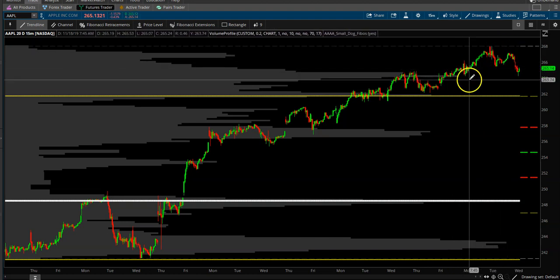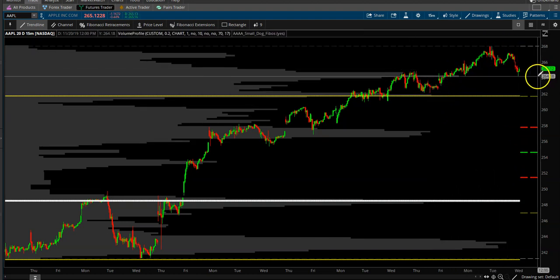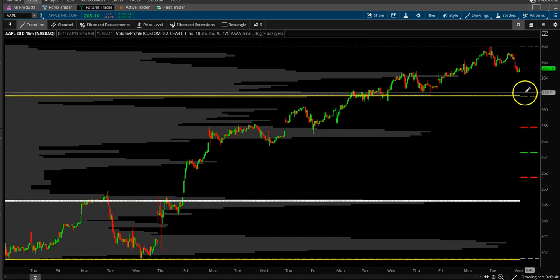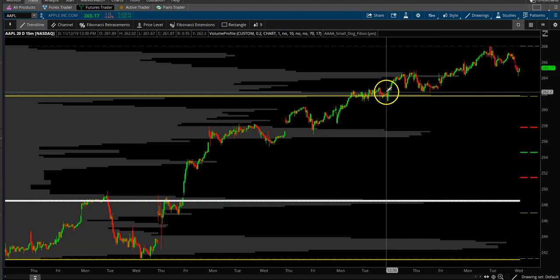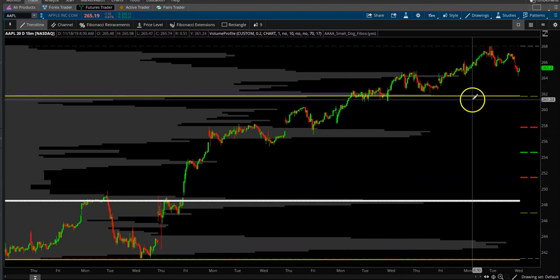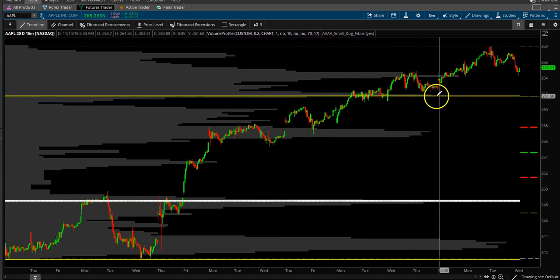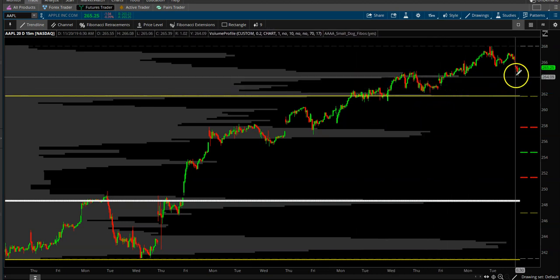That's what we want to look for. If price reversed and started to fall, we see the double bottom here, breakout, high volume node, but we also have the value area high, so multiple things.